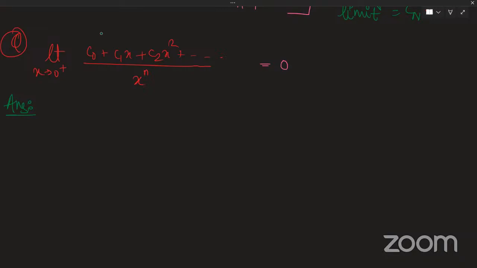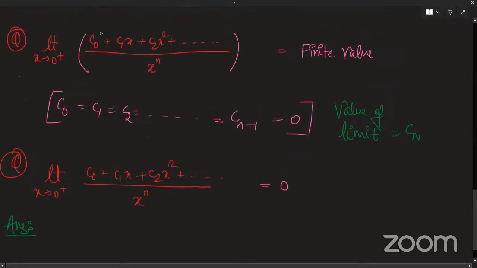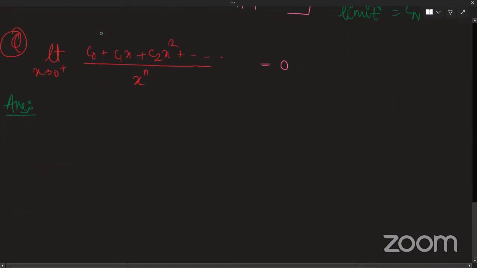Cn equal to 0, correct. See, because the value of this limit was Cn, and now I'm telling you that the value is 0. So directly, Cn is equal to 0. So basically, C0, C1, C2, so on, till Cn, all are equal to 0. That is how you will be getting it.